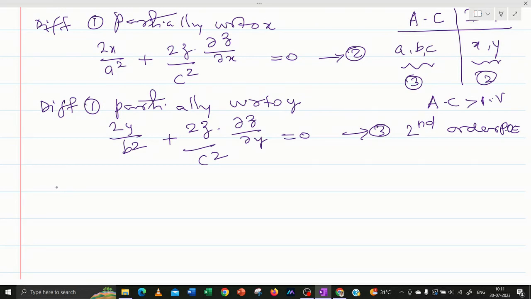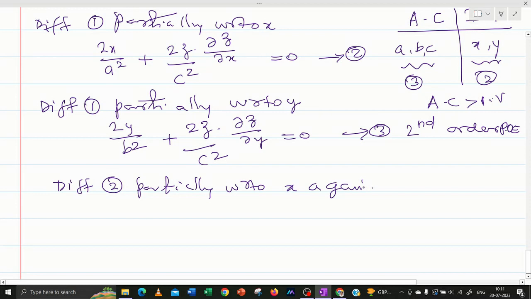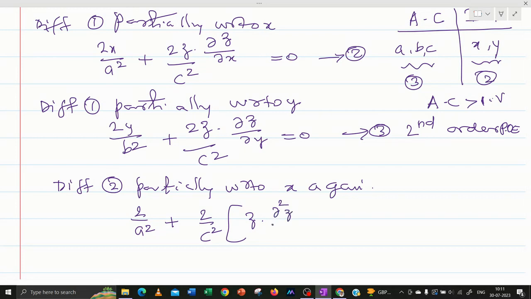If you differentiate 2 partially with respect to x again, what do you get? 2 by a square plus 2 by c square. Keep z first, then differentiate dou z by dou x with respect to x again, to get dou square z by dou x square. That is in the d of uv format. What is d of uv?